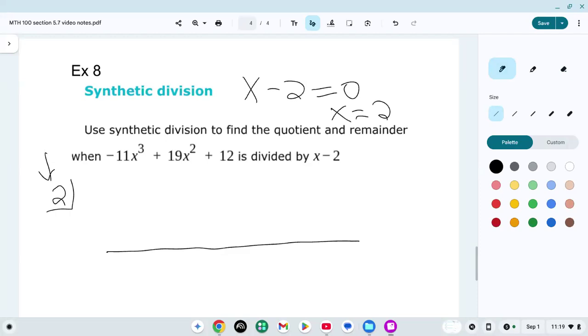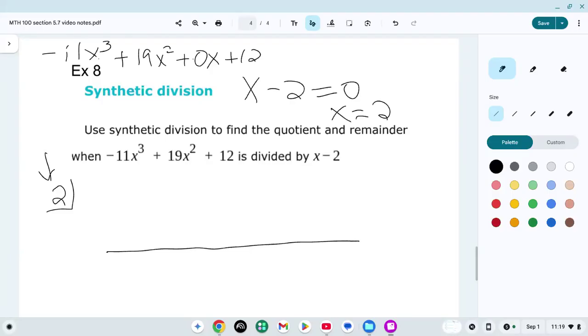So technically, I have negative 11x to the third plus 19x squared plus 0x. Notice that I put 0 in front of the missing term, and the reason being is 0 times anything is 0. So I'm using that as a placeholder.